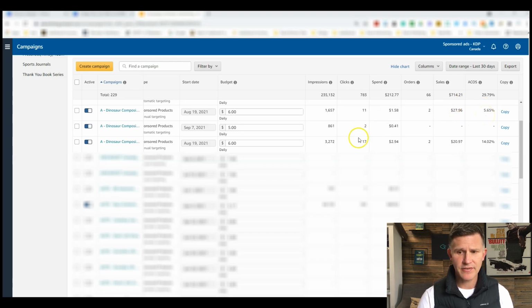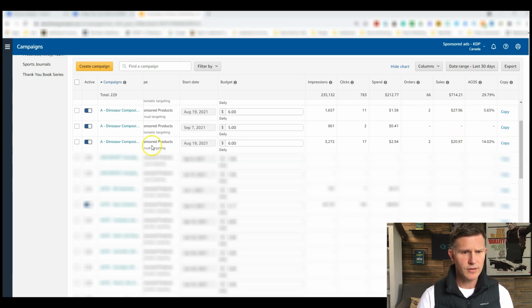This one is a category and ASIN target campaign. It's got 17 clicks, spent $2.94, 2 orders as well, $20.97 and 14% ACOS. With this one, they've got 2 orders, but they must have ordered 3 for some reason. So it's not saying more orders, it's saying that amount.